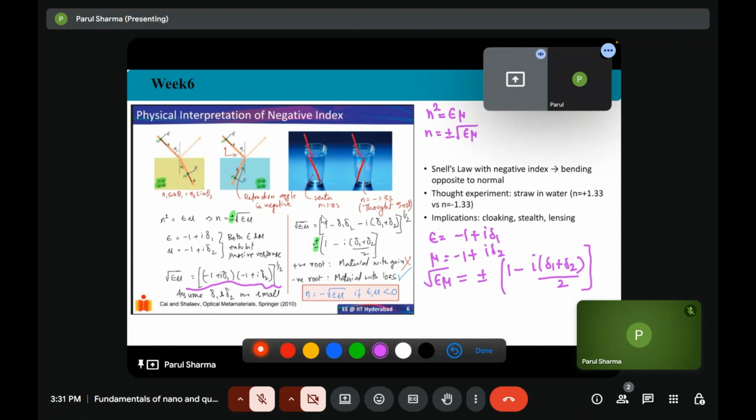So the positive root we can't consider, and the negative root means there are some losses. We are considering a passive medium, so we have to consider only the negative root. So it means n is equal to minus root of epsilon mu. So we have to consider the negative root of the refractive index under the condition that epsilon and mu are both negative. Understood?